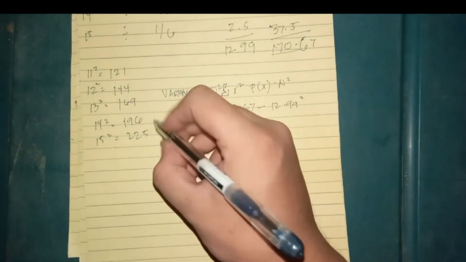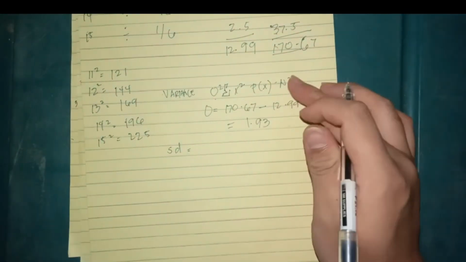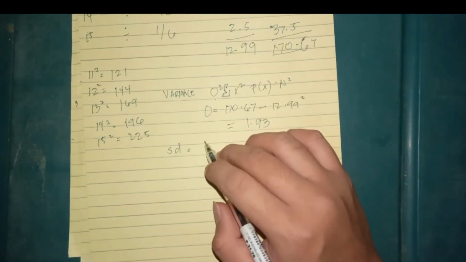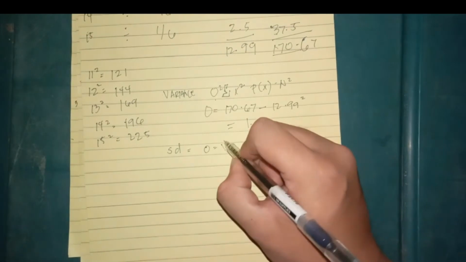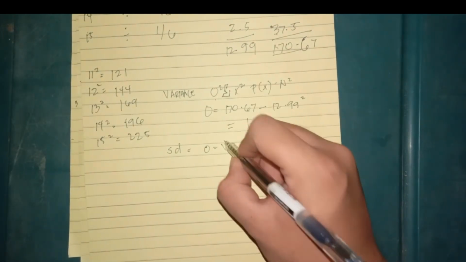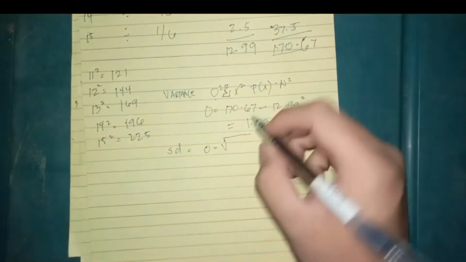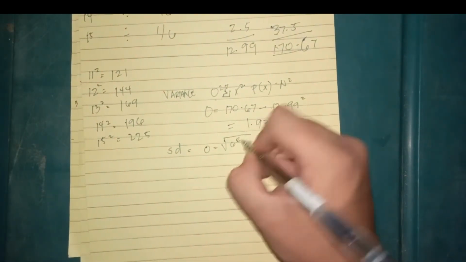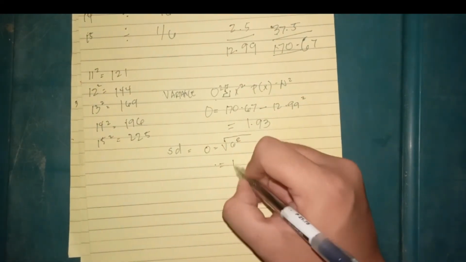Next naman is kunin natin yung SD or standard deviation. Ito yung solution niya. Ito naman is yung square root natin ng variance. Square root lang natin sila is equals to 1.38.